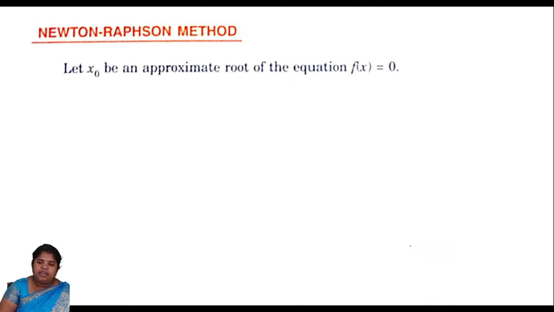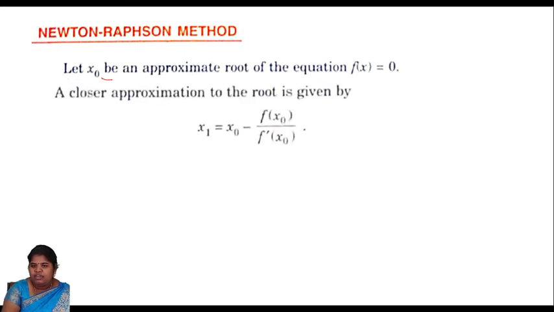Next method, Newton-Raphson method. So till now we saw about iteration method. Next we are moving on to Newton-Raphson method. Here also we are going to find the root of the given equation. Let x naught be the approximate root of the given expression. We assume x naught.